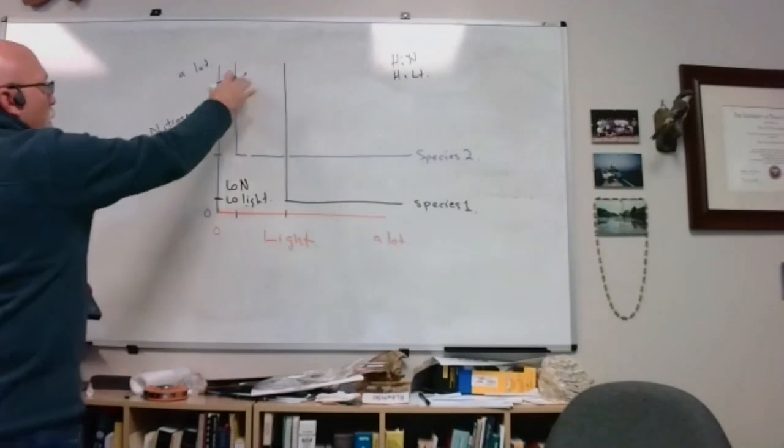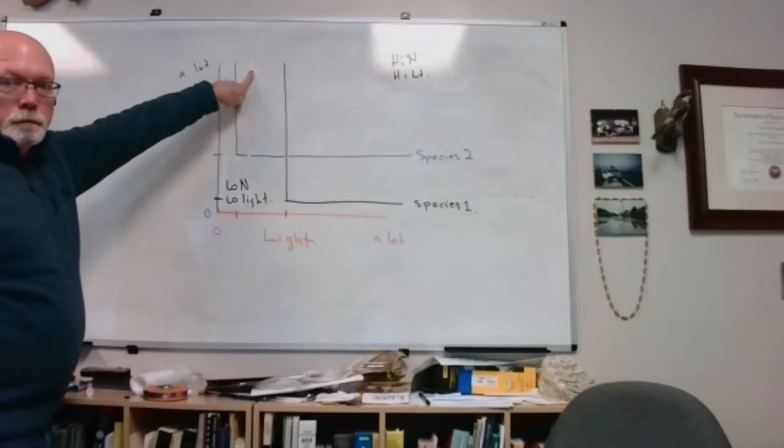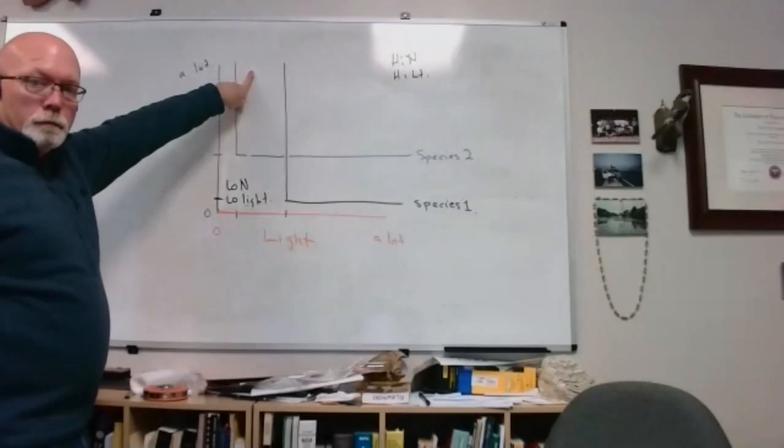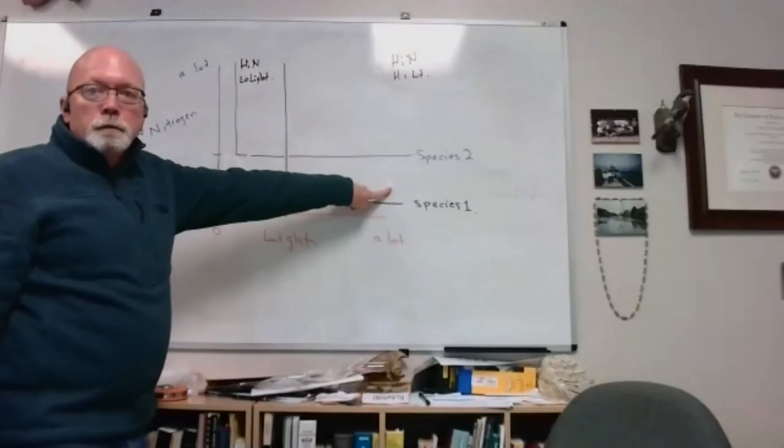What would be up here? High nitrogen and low light. And then, of course, over here, low nitrogen, high light.